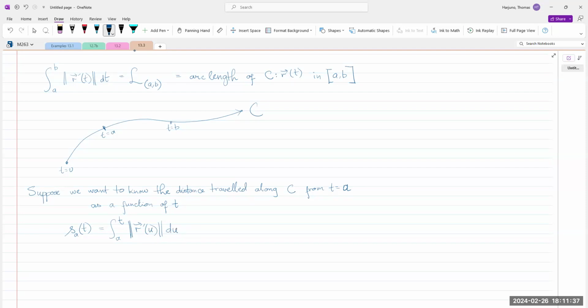So notice that this will give us the distance function. Notice that it is a function. The distance function traveled along the curve from t equals a as a function of t.